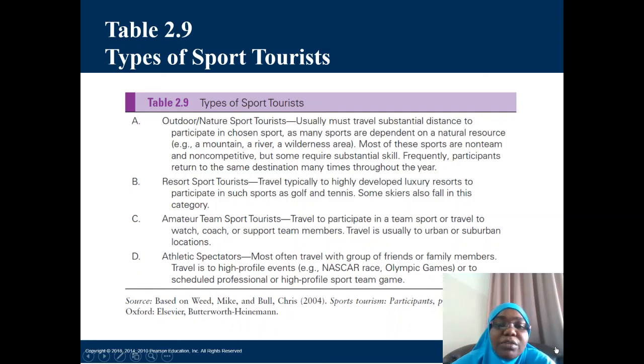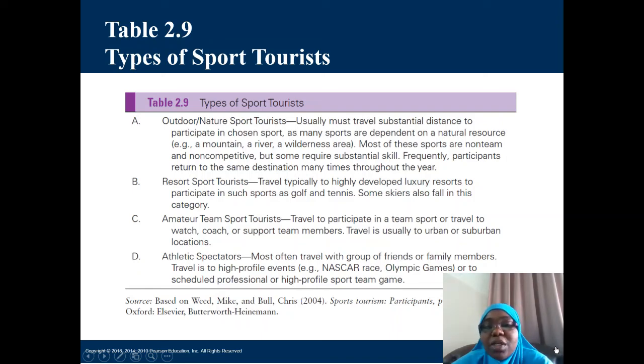We have the resort and sport tourists. They typically travel to highly developed resorts to participate in sports such as golf and tennis. I think that's very common. Then we have the amateur team sports tourists.